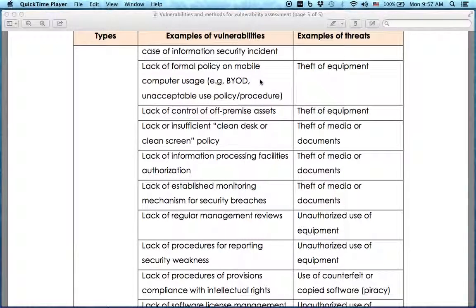They start to copy or steal sensitive data, or send it to a cloud service or to external private email like Yahoo or Gmail. So data loss prevention could not protect it because we don't have the proper structure or proper policy and procedure to protect the information asset of the organization. So the threat is theft of equipment or theft of data, related to data loss and data leakage.